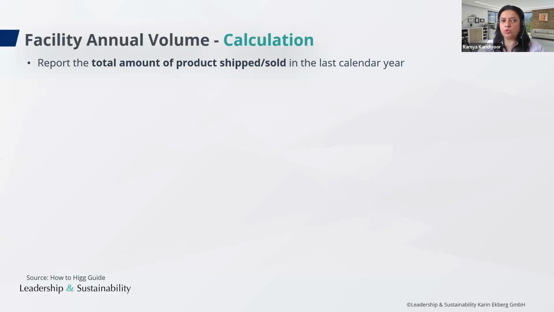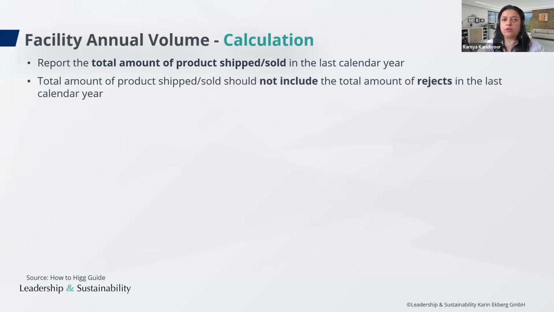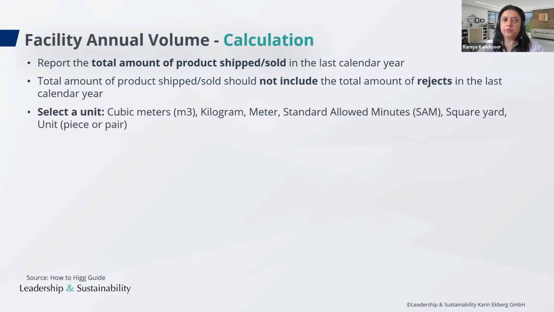Any quantity which has been rejected, or produced but not sold and still in stock in your inventory, cannot be reported as part of the total amount of products that you have sold or shipped.